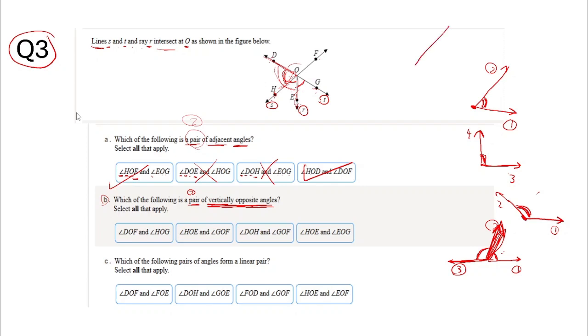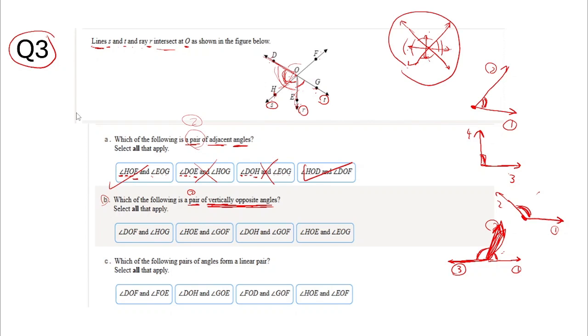Let's say I have two lines intersecting at one point, so this is an angle and this is an angle, and this is another angle and this is another angle, right? These two angles are opposite, vertically opposite angles, and these two angles are opposite. So this angle is opposite to this angle, and this angle is opposite to this angle. This is what vertically opposite angles means.